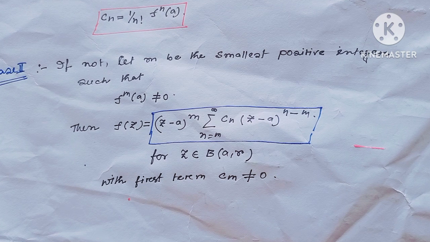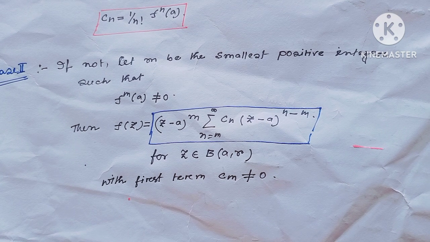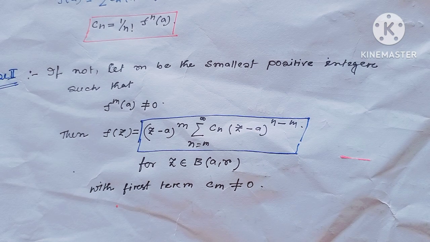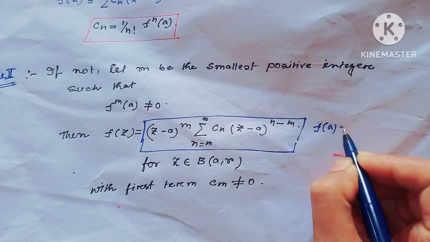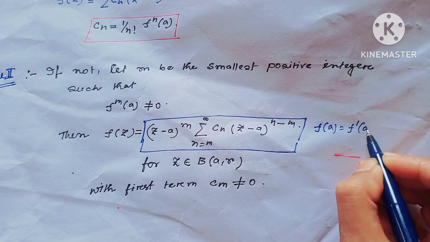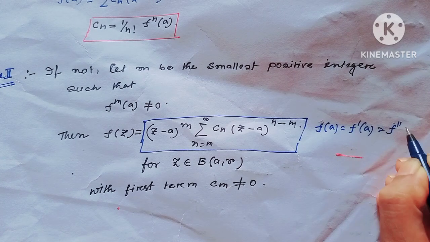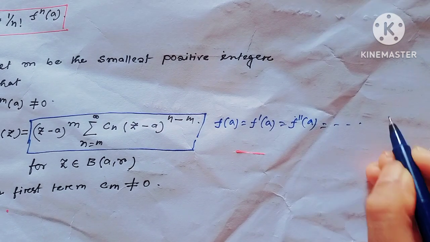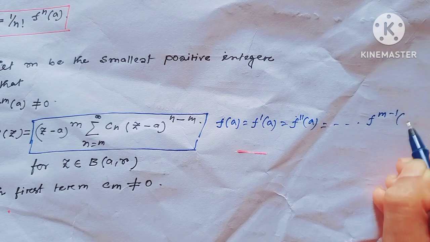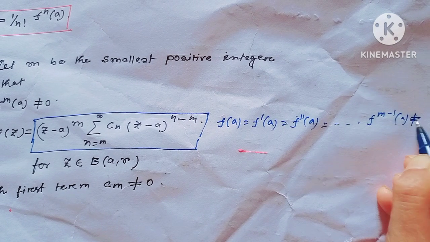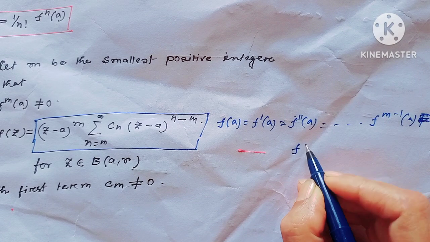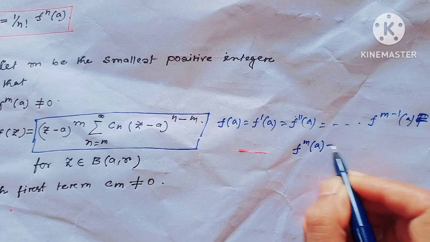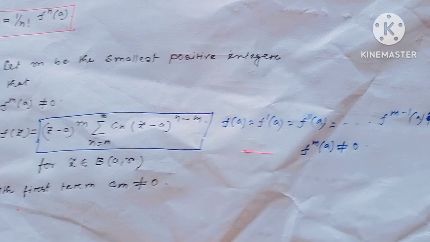Then in this case, f(a), f'(a), f''(a), up to f^(m-1)(a) are equal to 0, but f^(m)(a) is not equal to 0.